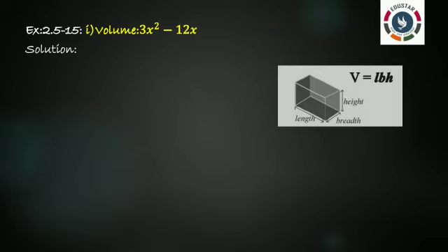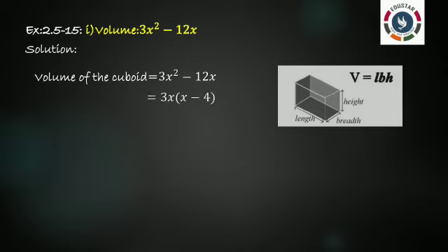Now let's move to the question. What is given? Volume is equal to 3x square minus 12x. What do we have common in these two terms? 3x. So take the 3x outside. We will get 3x into x minus 4.